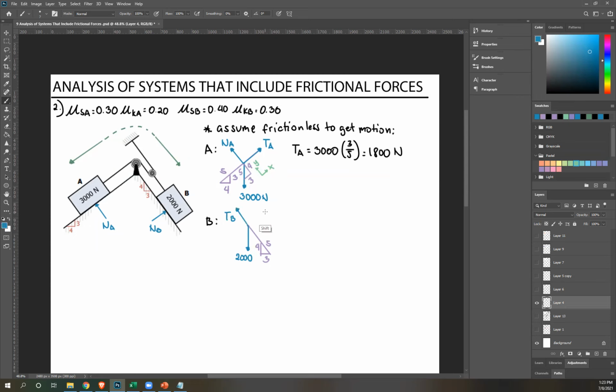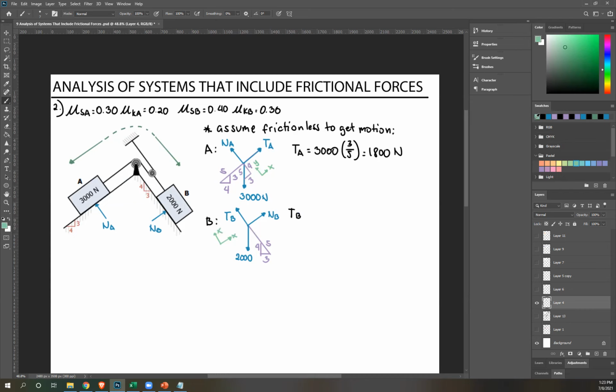And then normal force perpendicular to that. So let's call that NB. And then again, this is my axis. I'll choose N as my x-axis, and then this is my y. X, y. Again, the goal is to get TB.